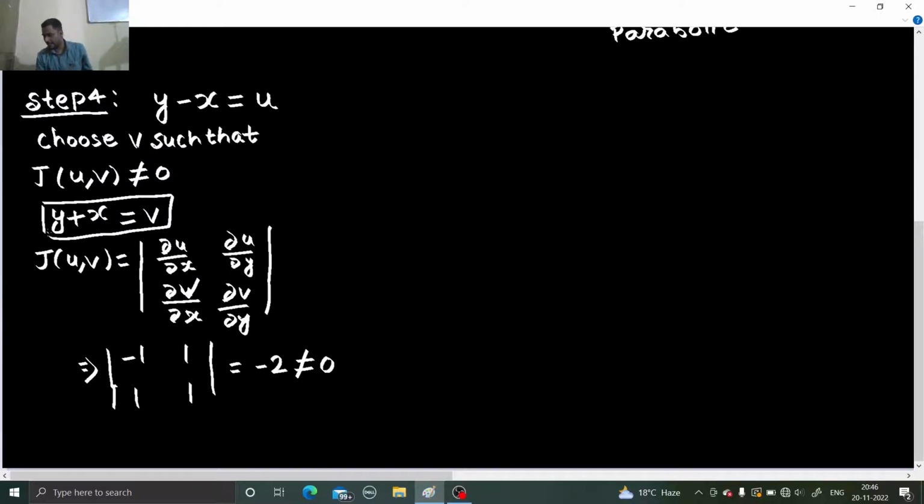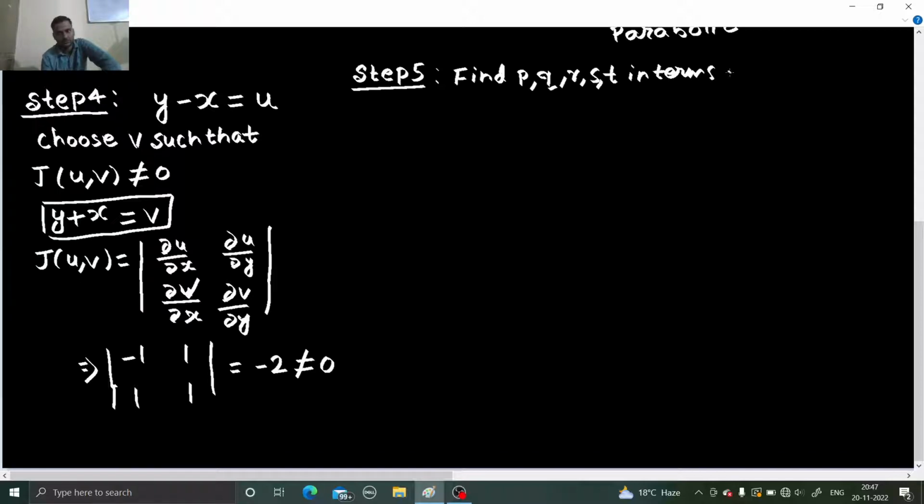And with this value of u and v, we are going to find the other values, which is the part of your step number 5, which says find p, q, r, s and t in terms of u and v. So starting with p, what is p?